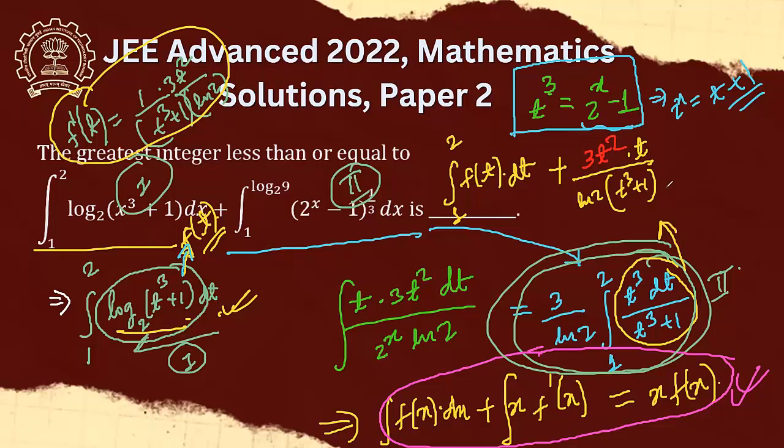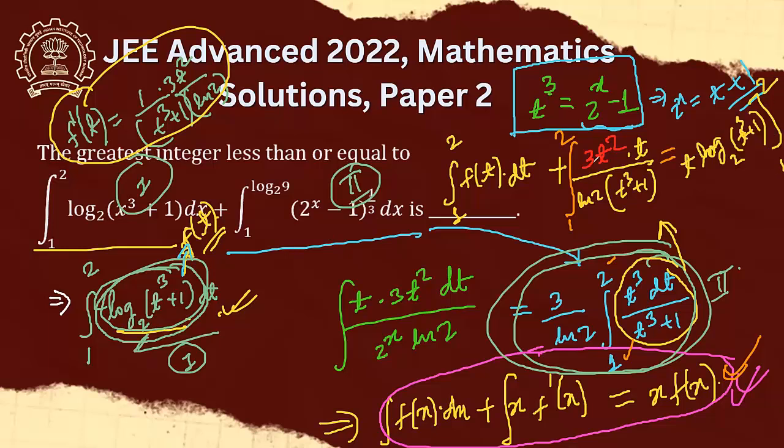That is nothing but part 2, the integral with limits also the same, from 1 to 2. And by using this property, I can say this is equal to t into f(t), which is the f(t) we had, for the limit 1 to 2.